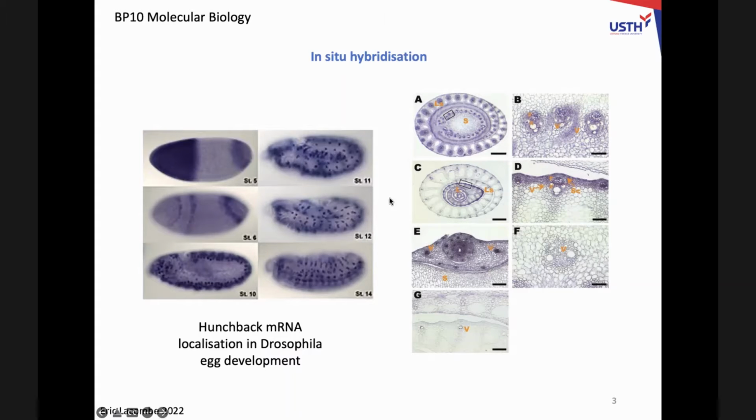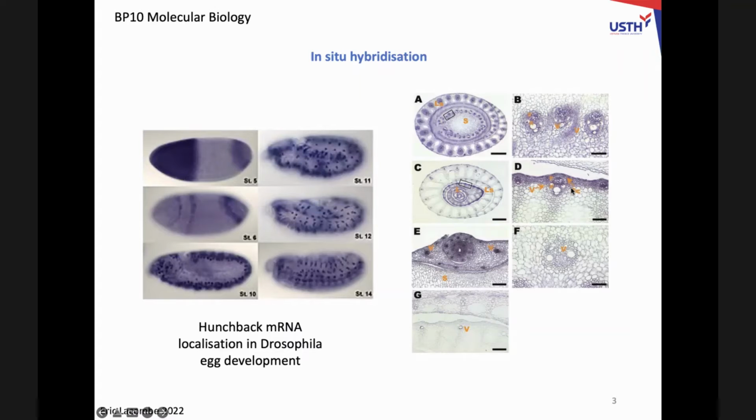So, for example, here in that kind of in situ hybridization experiment, the signal is observed because of the use of an antibody that is linked to an enzyme called alkaline phosphatase, and the presence of the RNA is shown by this purple color.